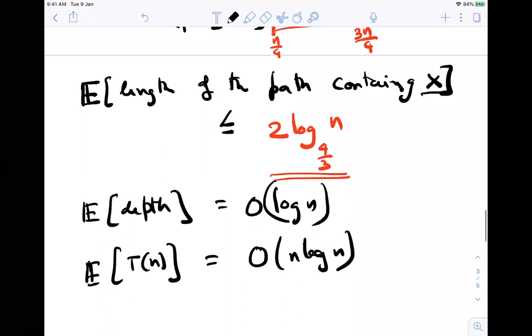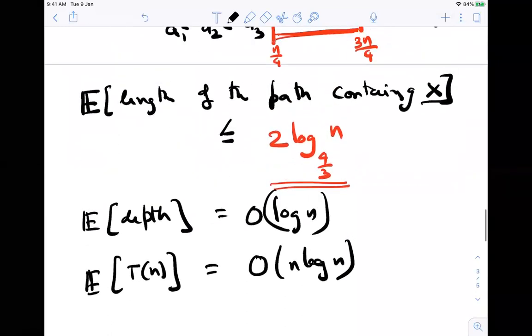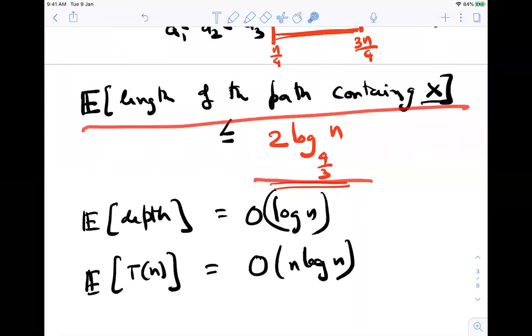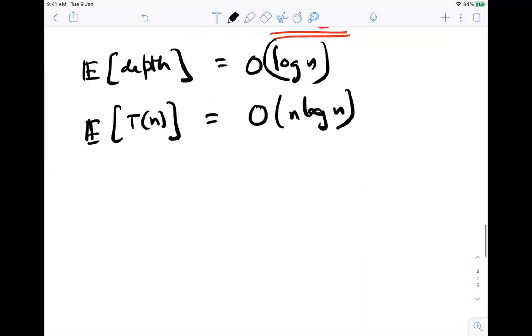And this is what we call as concentration inequality. So like here we wrote that the expected length of the path is this much. Good, that is completely right. But I want something more. I'm greedy.